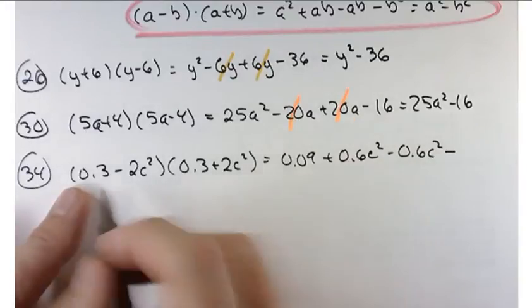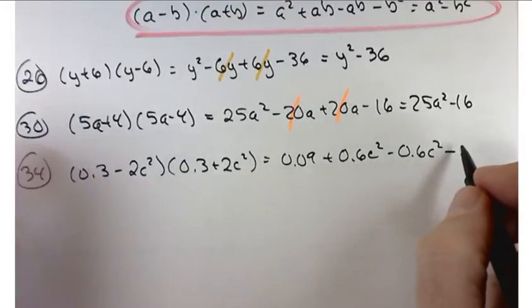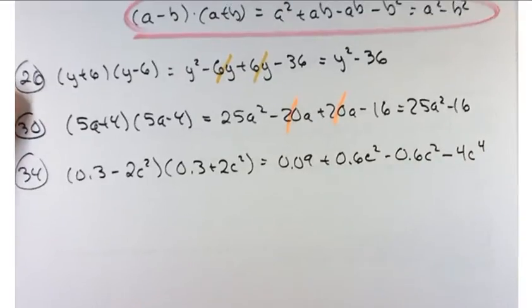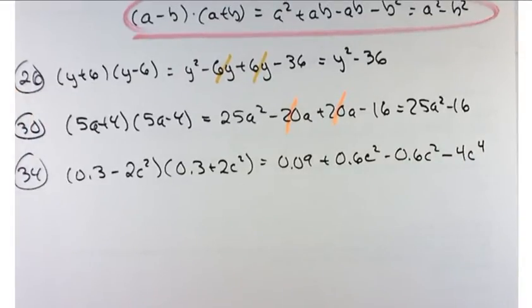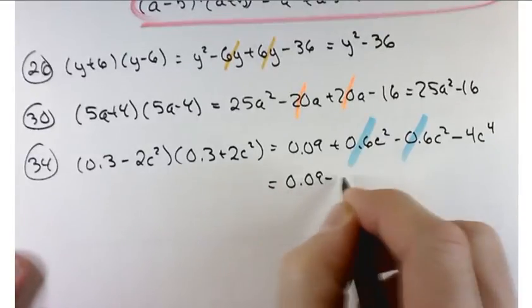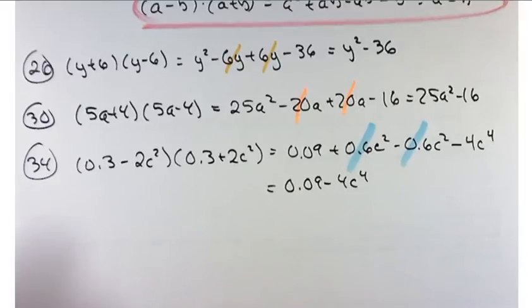And the last term, minus and a plus, will be a minus what? Perfect. Yep, the two middle ones annihilate each other, and we're left with 0.09 minus 4c to the fourth. Excellent.